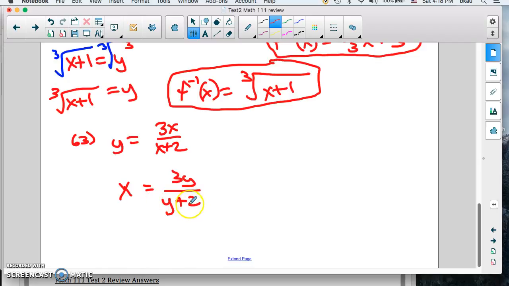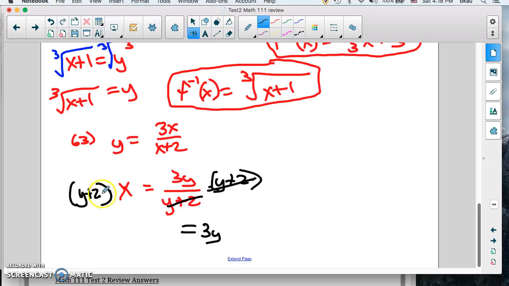I don't like fractions, so we're going to multiply both sides by the denominator, y plus 2. Over here they're going to cancel and just leave us 3y. Over here we multiply, and we get xy plus 2x, because you multiply x times y and x times 2.